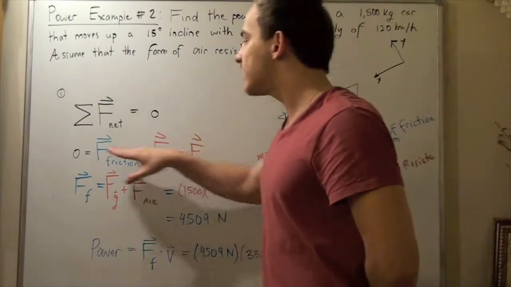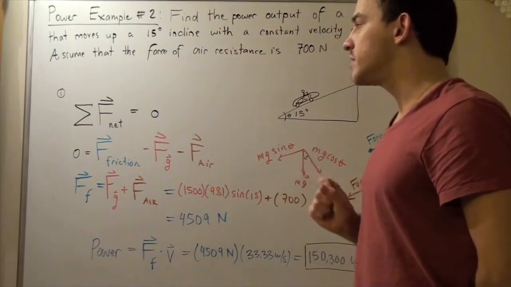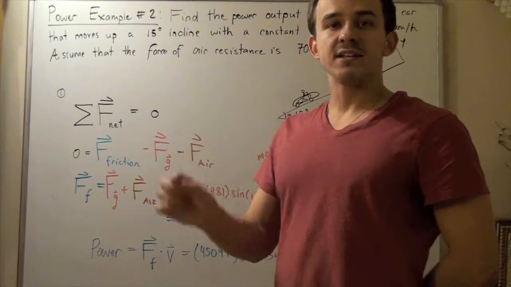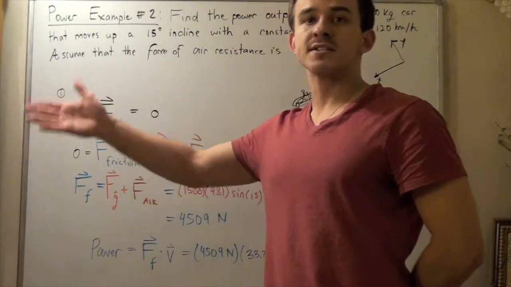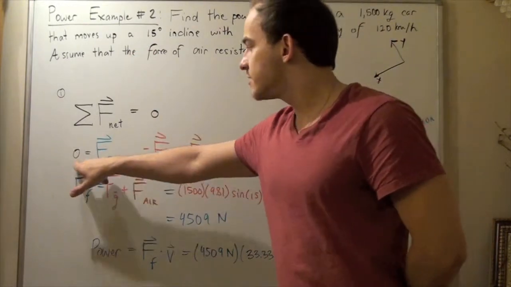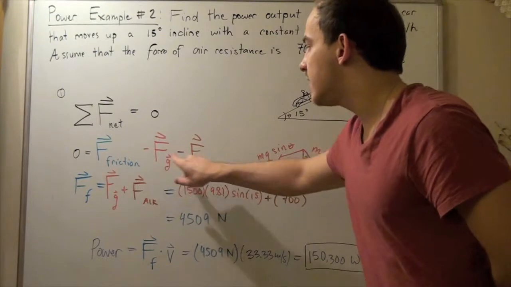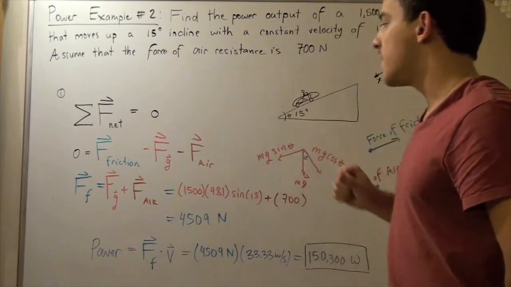So let's add up all the forces, and remember this equals 0 because according to the first and second law of motion, since our car has a constant velocity, it's not accelerating. So this equals m times a, our acceleration, and since that's 0, this is simply 0. So force of friction is positive, everything else is negative. So minus the force of gravity minus the force of air resistance.